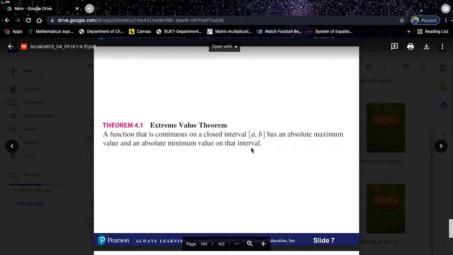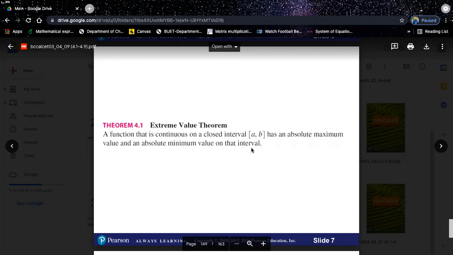Okay, so if you know one certain interval where you can eyeball the graph and the graph looks continuous, that means it doesn't have any break or any hole, it keeps going on in that interval. What happens after or before that interval, I don't care. Only on that interval I can see that it's continuous.